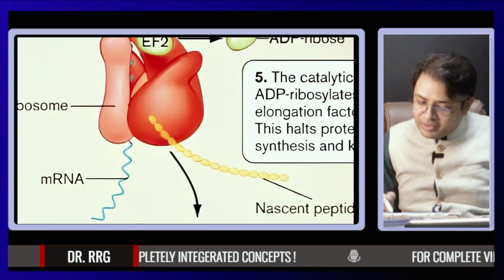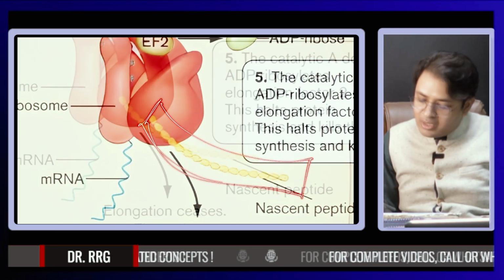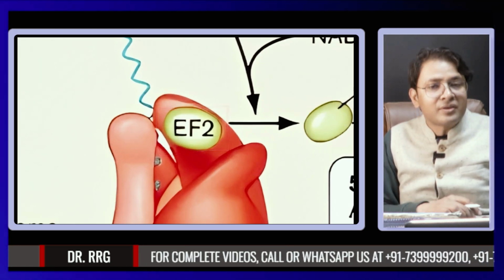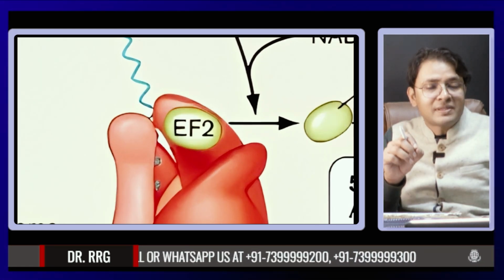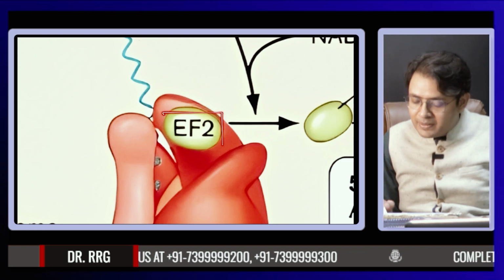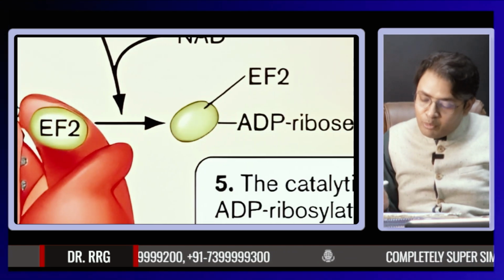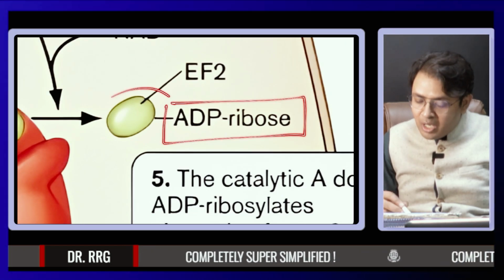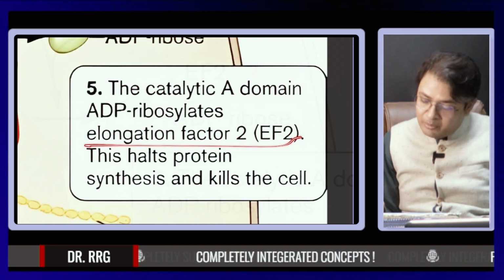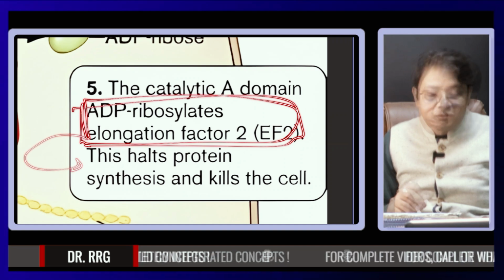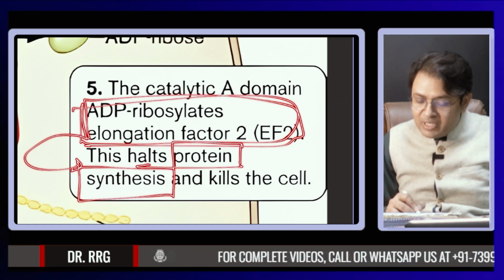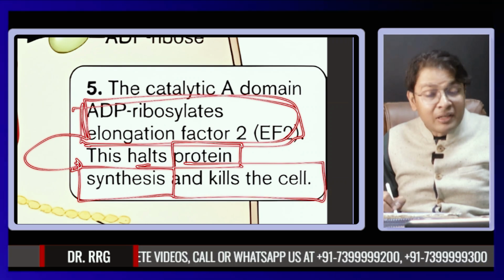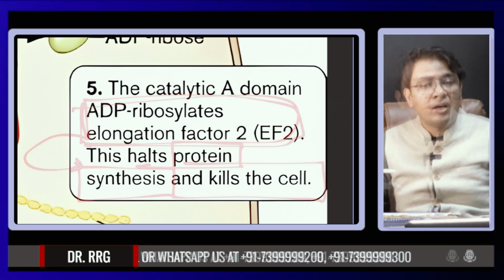For the development of these polypeptide chains, we need some other factors. The factor is elongation factor 2. The toxin's subunit A targets elongation factor 2 and modifies its shape. There is ADP ribosylation of elongation factor 2, and because of this modification, there is inhibition of protein synthesis or polypeptide chain formation, and the ultimate result is death of the host cell.